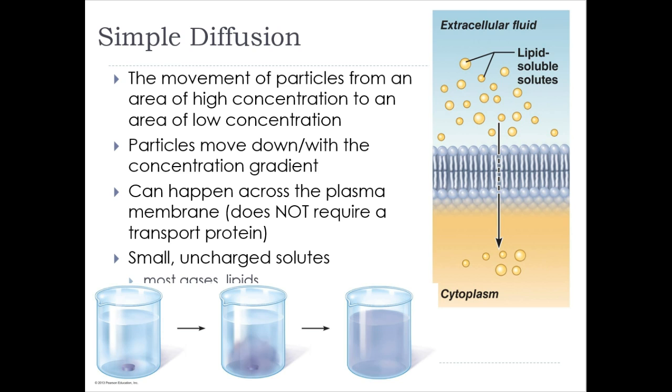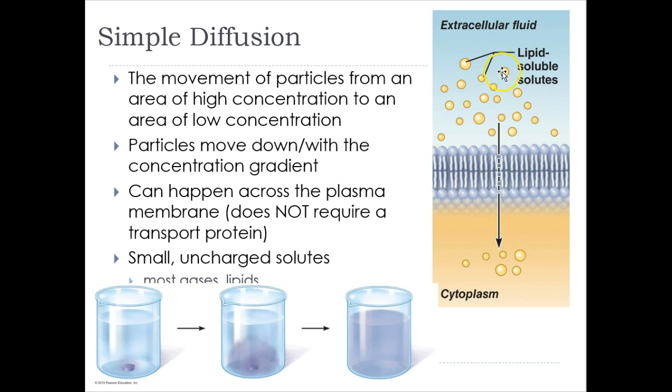One of the ways we can adjust for that is called simple diffusion. And look, there's our friend, the lipid bilayer again. Remember, areas that love water, areas that hate water, and areas that love water again. Let's say this is the outside of the cell, this is the inside of the cell. The movement of these particles from an area of high concentration to an area of low concentration makes things go from high to low, and eventually they want to get to equilibrium.